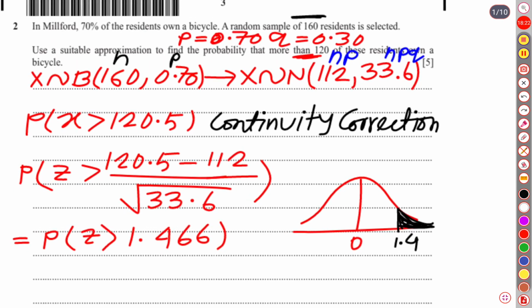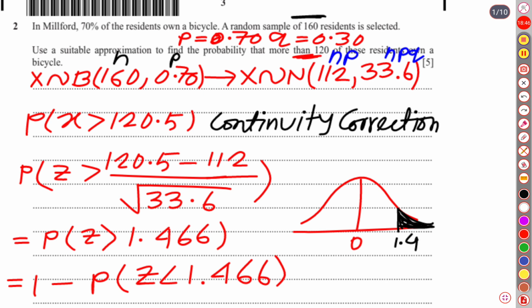The whole probability is 1, so we can write 1 minus the probability of z less than 1.466, as the left part is larger, so we are going to subtract the larger part. You know that no probability in the probability distribution table is less than 0.5.